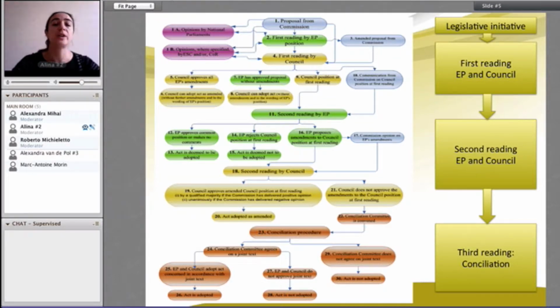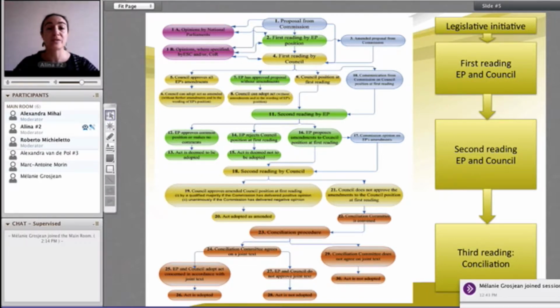If an agreement is not reached at that stage, we can go into second reading, and if that fails as well, we can go into third reading, the so-called conciliation. This is in general something that is better avoided, because it means that we have some political problem or the file is very problematic. And usually if you go to the third stage, the procedure lasts a very long time.